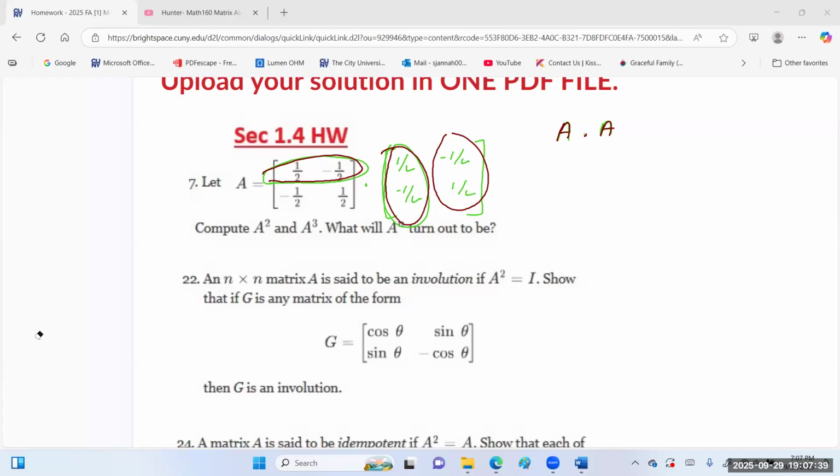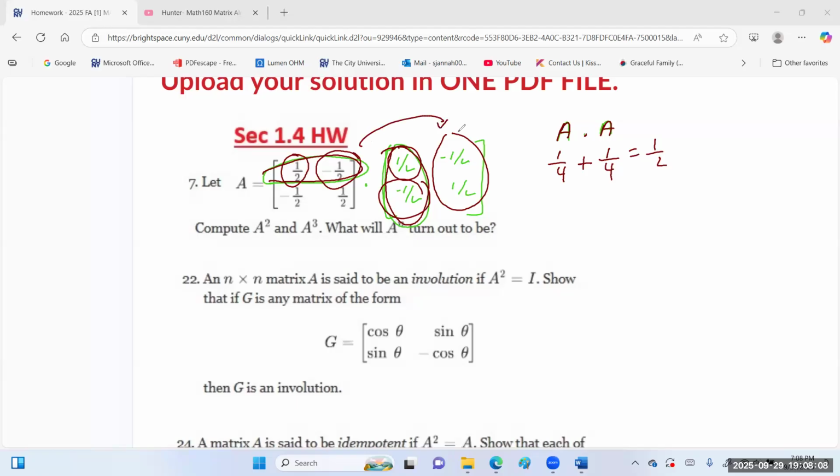How do we go back to my ink? Oh, here. So you have 1/2 times 1/2, which is 1/4. And then you're adding -1/2 times -1/2, which is positive 1/4. So it is 1/4 plus 1/4, 2/4. But the 2/4 becomes 1/2. So this is the first element.